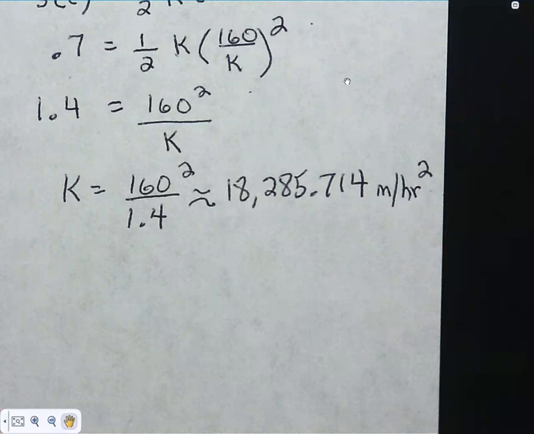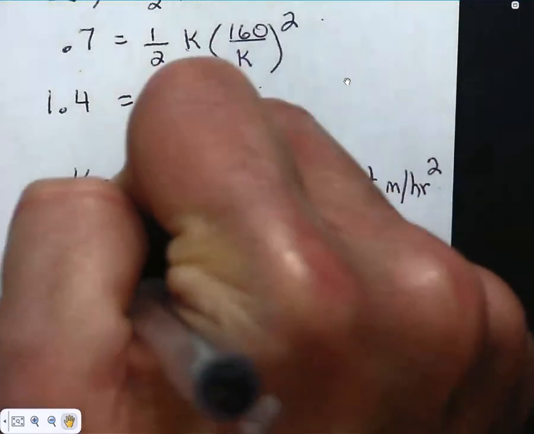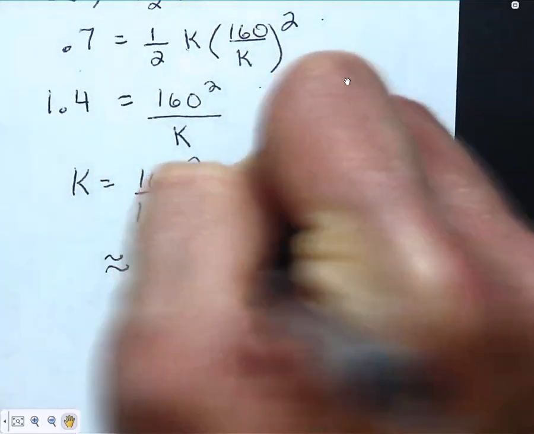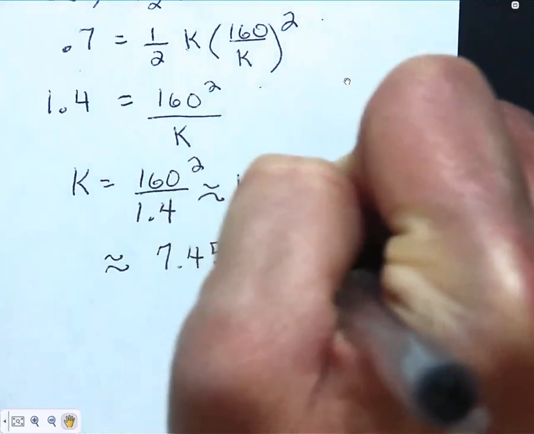And I'm pretty sure that's not what the control tower really wants, but to change that to feet per second squared took me just a minute, and I got it to be 7.45 feet per second squared.